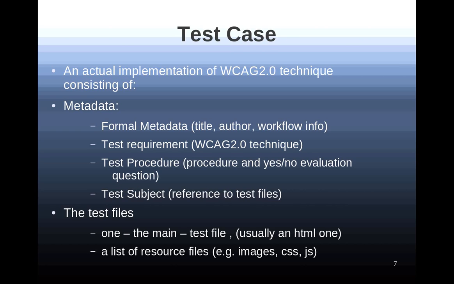The metadata consists of formal metadata like title, author, workflow information, the test requirement, which is a unique WAI ACT technique, a test procedure, which is a procedure with several steps and a yes/no evaluation question, and the test subject, which is a reference to the test files. The test files consist of the main test file, which is usually an HTML file, and the list of resource files, for example, images, CSS, JavaScript, etc.